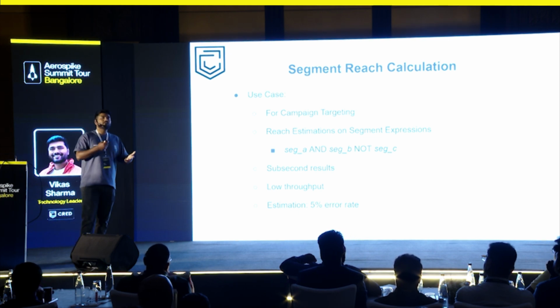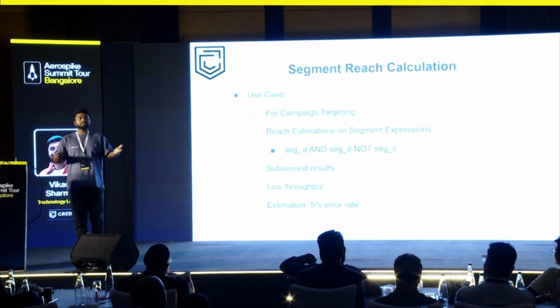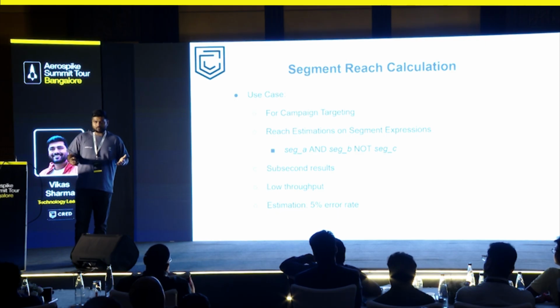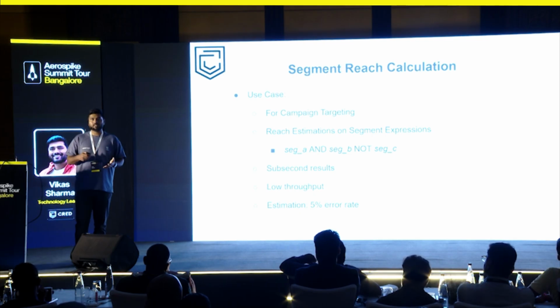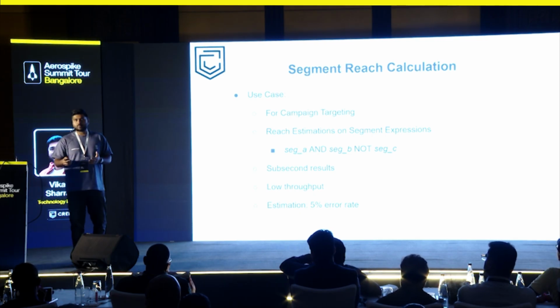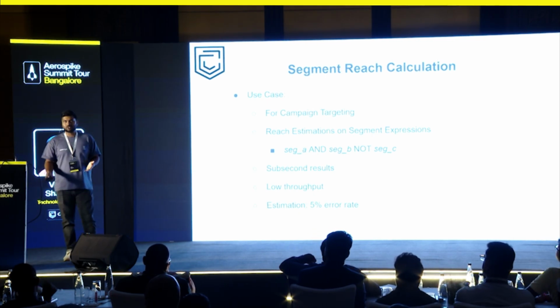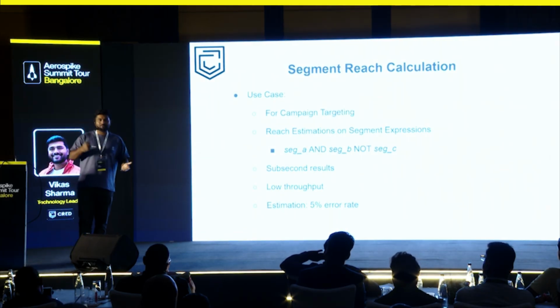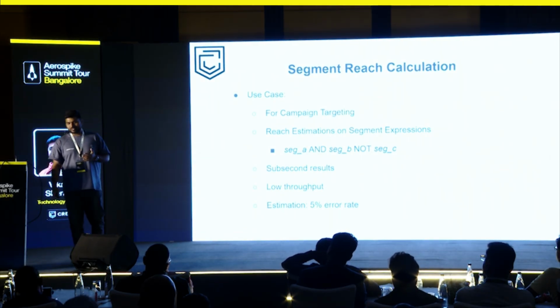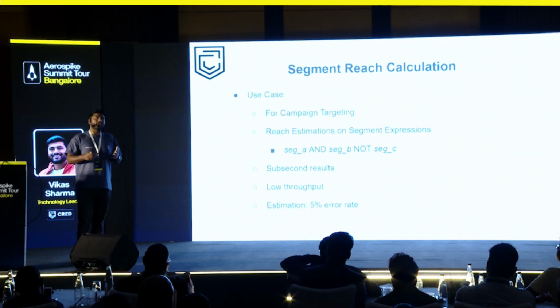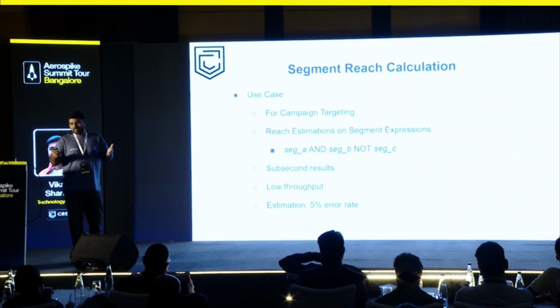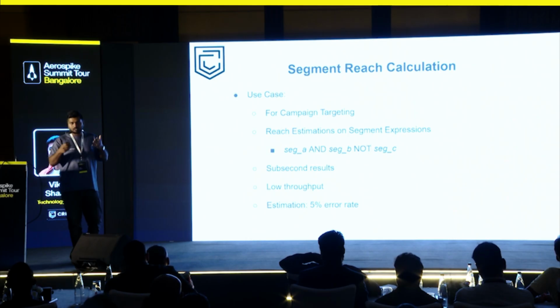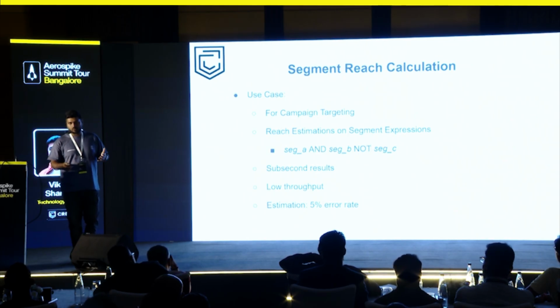The problem that often comes is that people are not able to see what the reach is. When they're configuring the campaign, more often than not they create an expression which actually targets only 1,000 users, and they have a budget of maybe lakhs. And then the campaign performance does not come out, and it takes time for them to figure this out and then fix it.